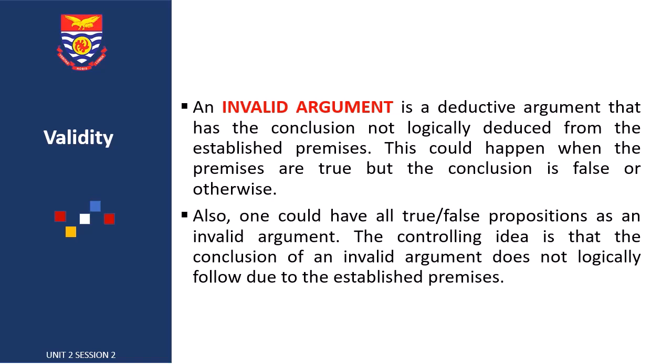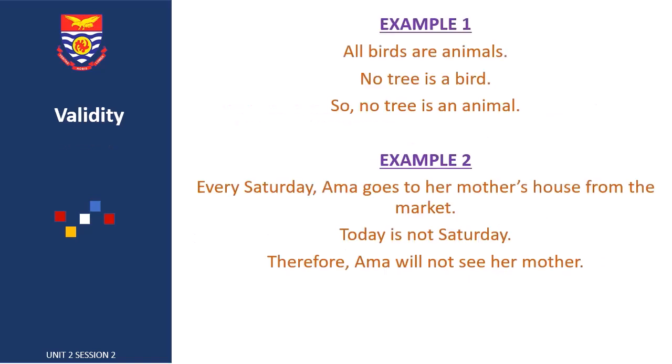If it doesn't logically follow from what the established premises have said, that argument is considered invalid. It cannot be a valid argument, because if it's a valid argument, then the premises would have given enough grounds for you to accept the conclusion thereby.